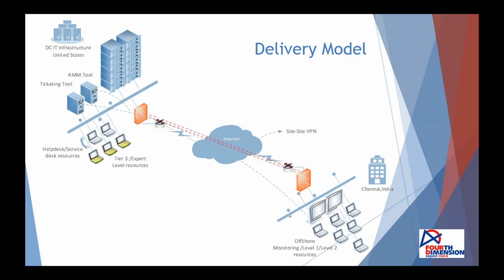They also work on your existing RMM tool to handle incidents. This team in India will work seamlessly with your team in the US, and it will work like an extended arm of your US team. Given the cost structures in India, this could significantly bring down your operation cost.